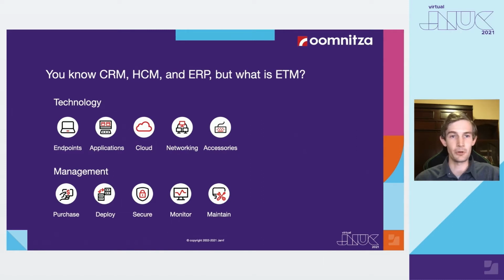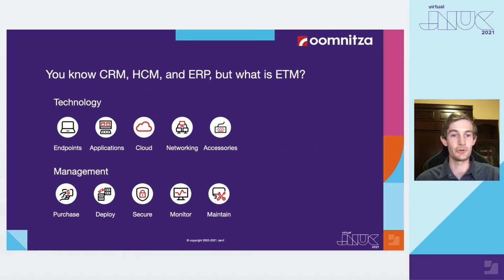You're familiar with ERP and HCM, but what exactly is ETM, or Enterprise Technology Management? By technology, we really classify it across 5 key areas. There are your technology endpoints, which are your desktops, laptops, mobile devices, and tablets. There's your applications, which include not only your desktop installed applications, but all of your SaaS cloud-based applications as well.